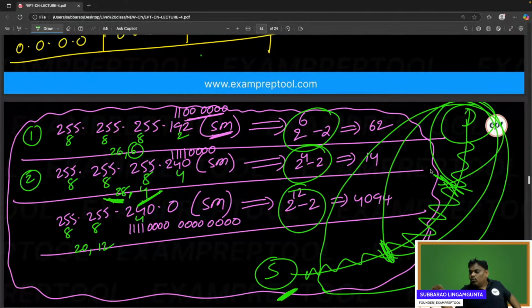Hosts are very less means you are very close to destination. Whenever you go very close to this particular host, you will have only one host. So when more than one subnet mask matches, select the one which has more ones, because fewer hosts are there. Less host means you are very close to destination.